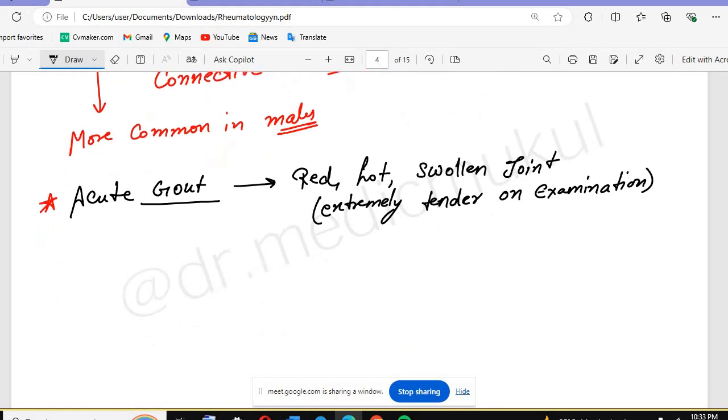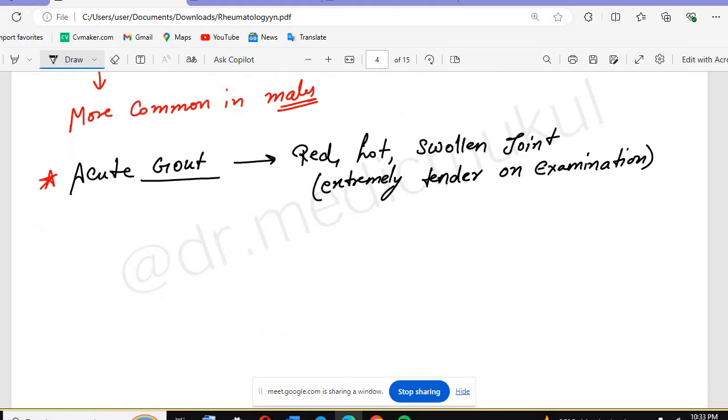And what is the most common joint affected in acute gout?